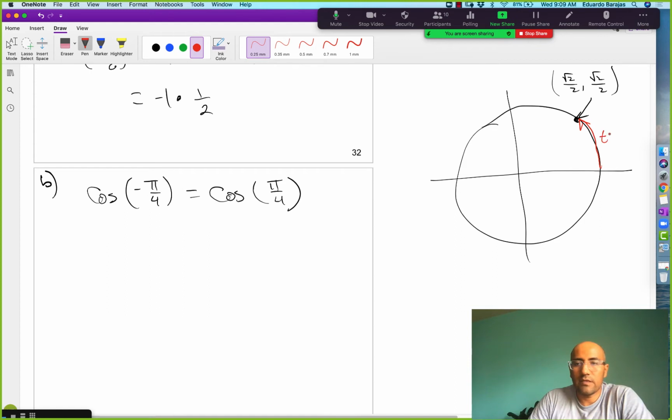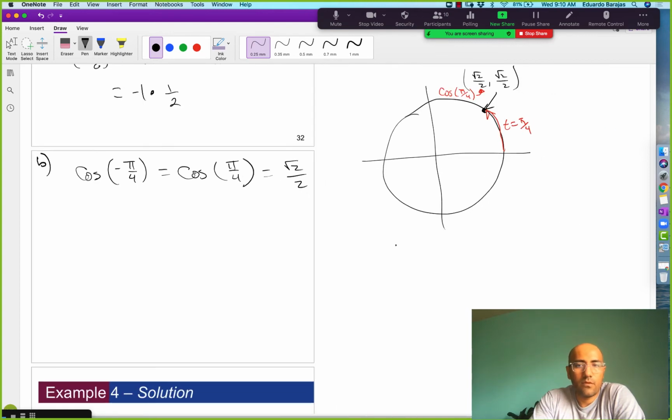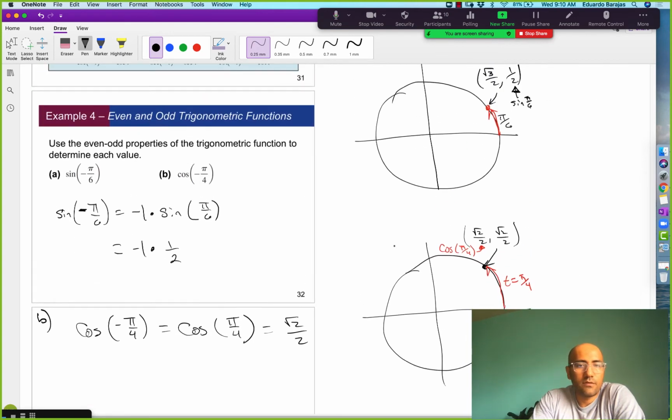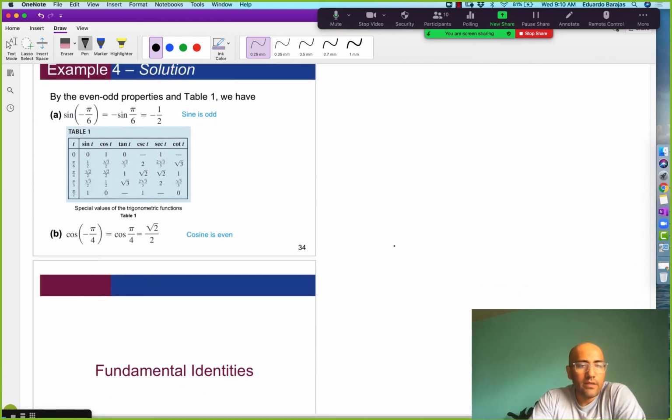So cosine of pi over 4 equals that first value there. So this is just going to be equal to root 2 over 2. Any questions? No? Okay, that's what they did there.